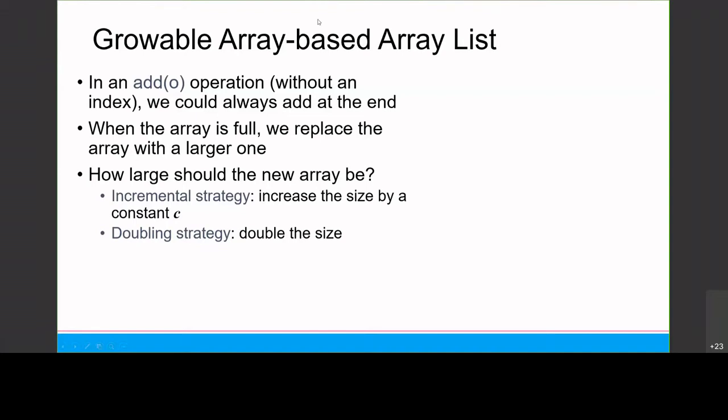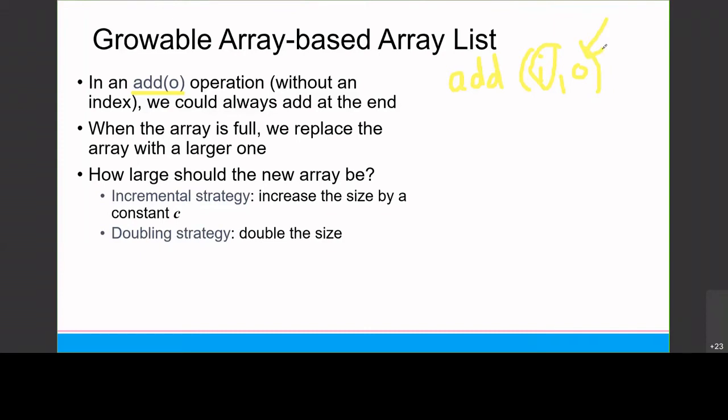In the previous example, we have the add operation, which contains the index i, comma, o. So we want to insert one new element at index i, and let it be the object o.